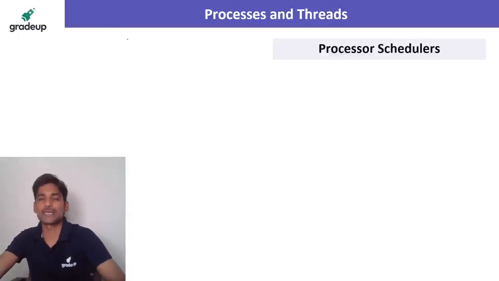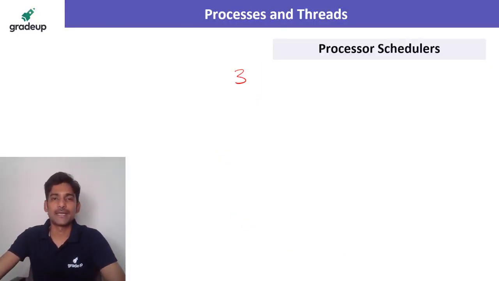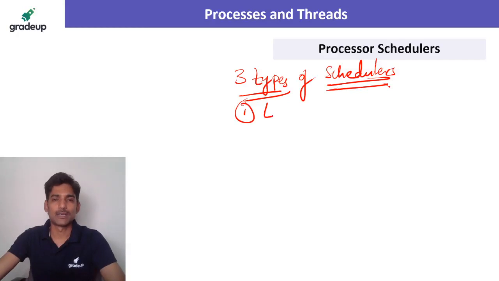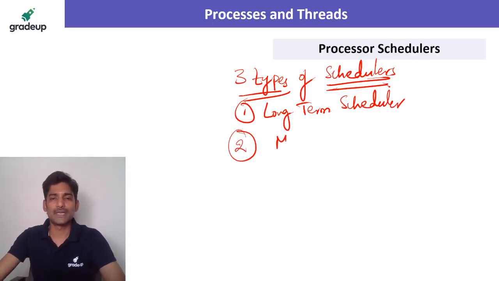So here we can say there are basically three types of schedulers. One, long-term scheduler. Two, medium-term scheduler.